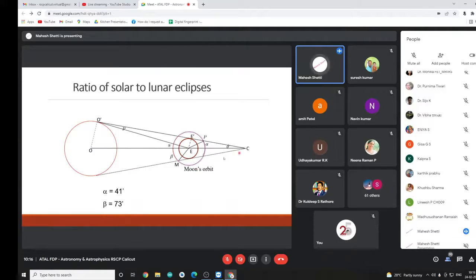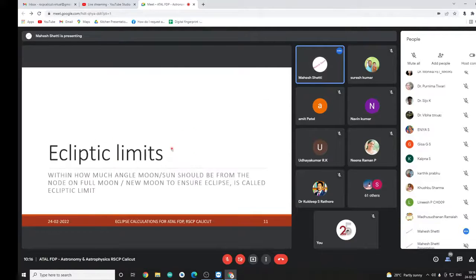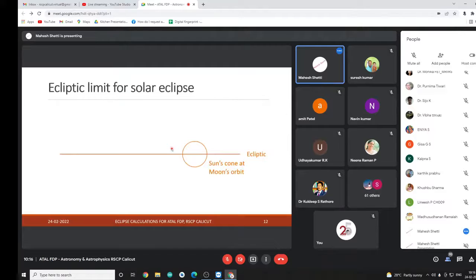So this is the solar cone, and this is the moon's distance. At the moon's distance, how much is the linear extension of the sun's cone? That is what we need to calculate. And that angular calculation we have done, which is nothing but angle beta.